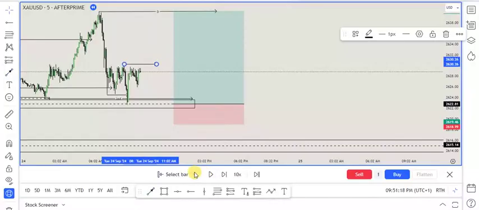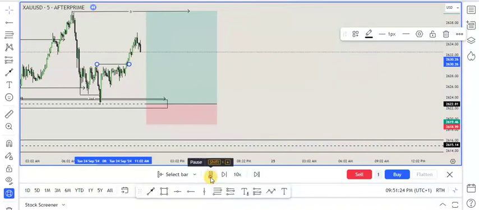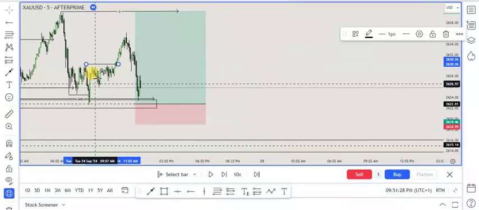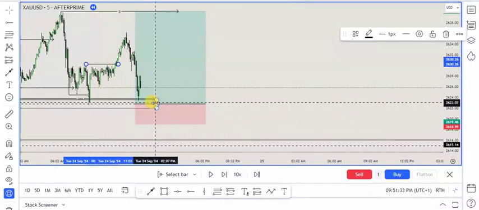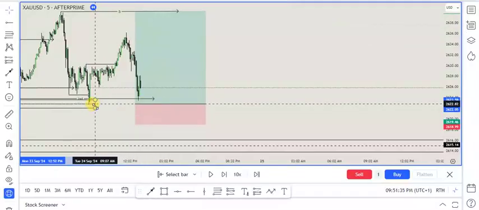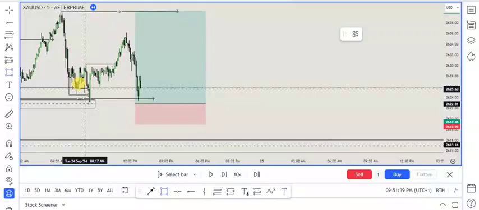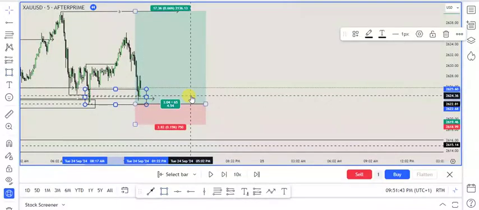That's what we're waiting for. Okay, price broke that level. So once price broke that level, our entry now will be the safe entry. Very safe entry will be from here, the midpoint of the last bearish leg.